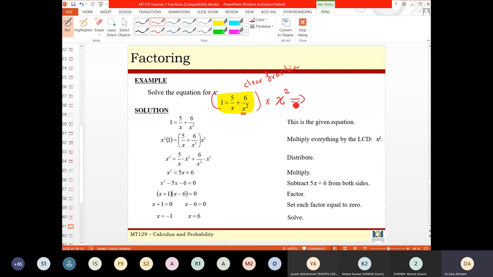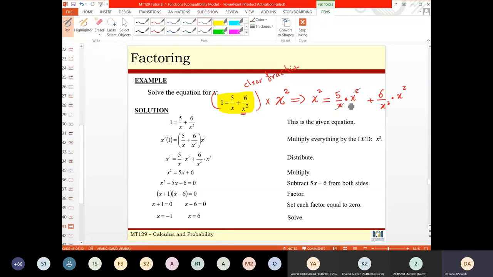The x squared in the 1 stays x squared. It will be multiplied by all the terms. The 5 over x will be multiplied with x squared, plus 6 over x squared and again multiplied with x squared. Now we have a cancellation.